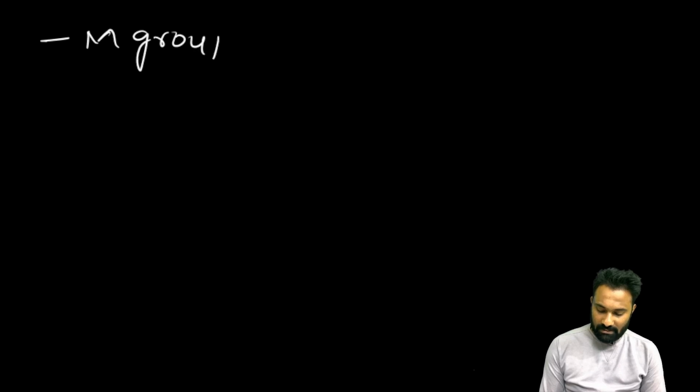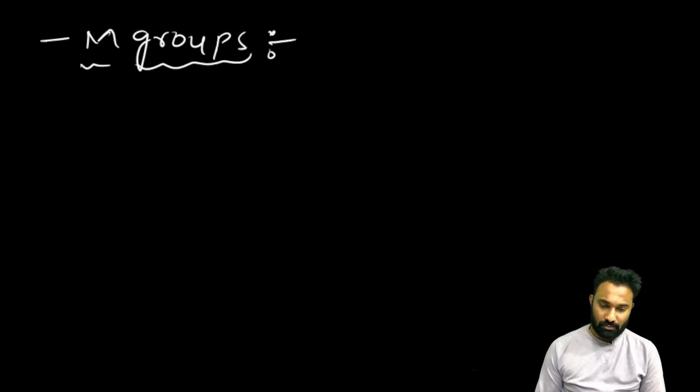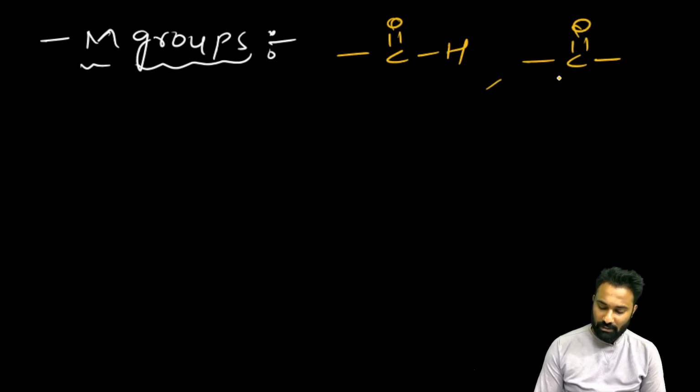Done. Now, what are the minus M groups? Minus M groups are lone pair absent species. Now aldehyde: here the carbon does not contain any lone pair. Done. Next is a ketone. Ketone also does not contain any lone pair.